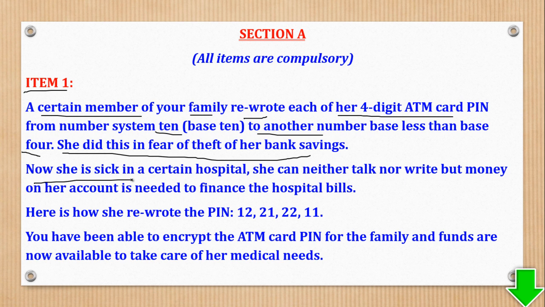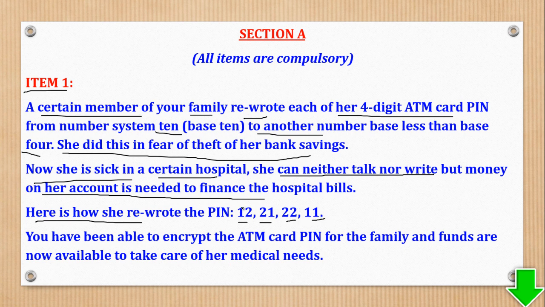Now she is sick in a certain hospital. She can neither talk nor write, but money on her account is needed to finance the hospital bills. Here is how she rewrote the pin: 12, 21, 22, 11.